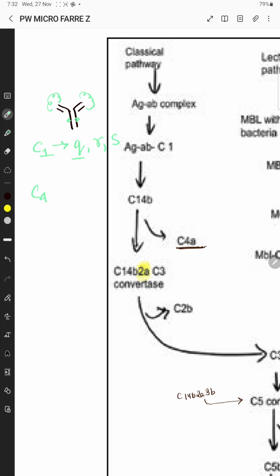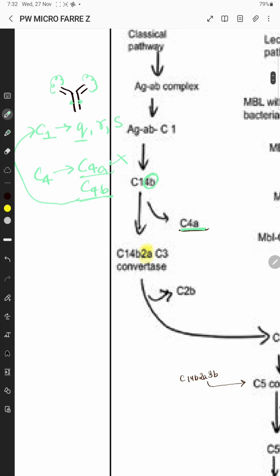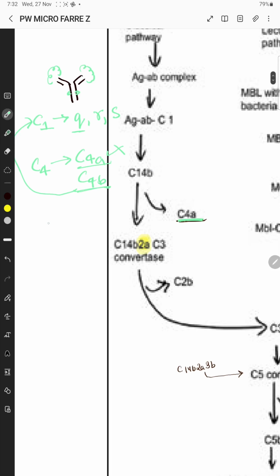Then C4 will come. It will split into C4a and C4b. C4a will move away and C4b will bind to this part. C4b is the heavy part, and so it binds and C4a is moved away. Then C2 comes.